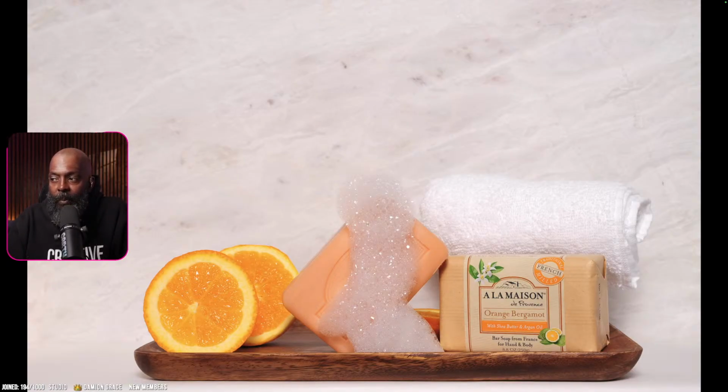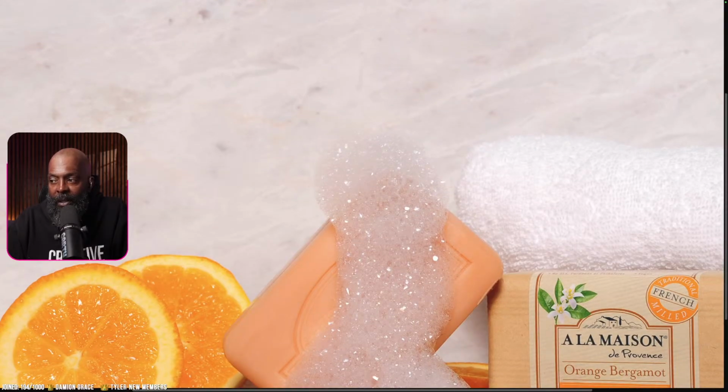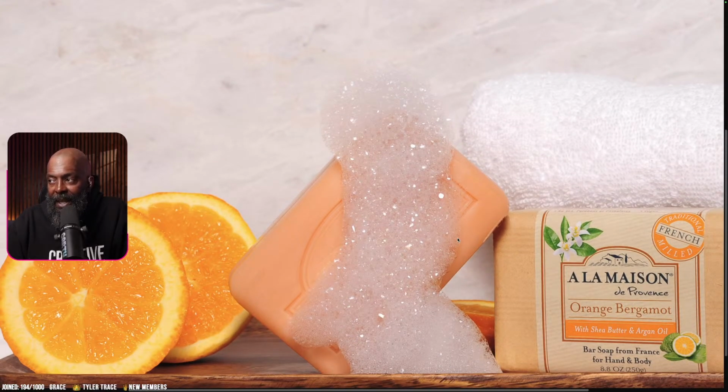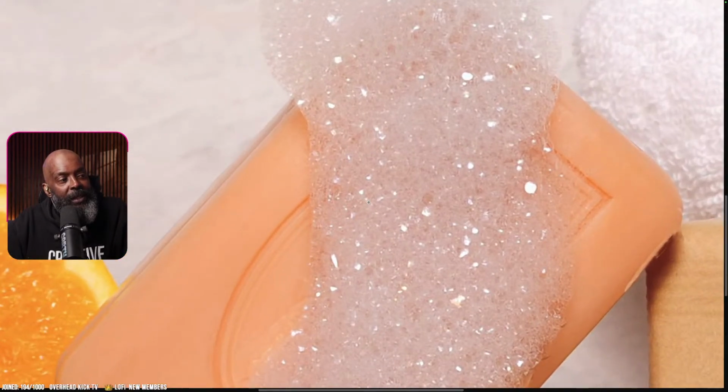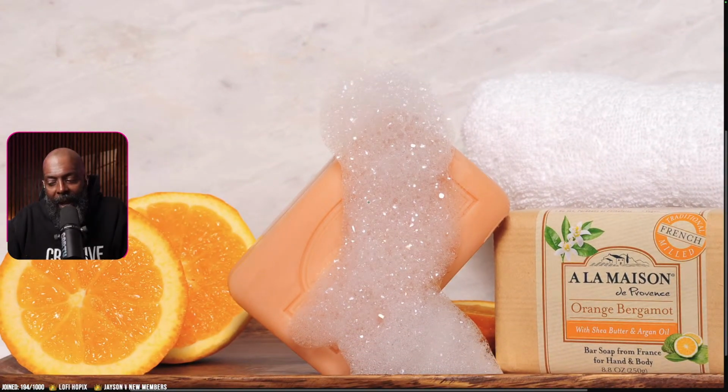This bar of soap, because you're placing suds on here, keep in mind, this is shampoo suds or dish soap suds. I know that because I know bar soap doesn't suds the same way.